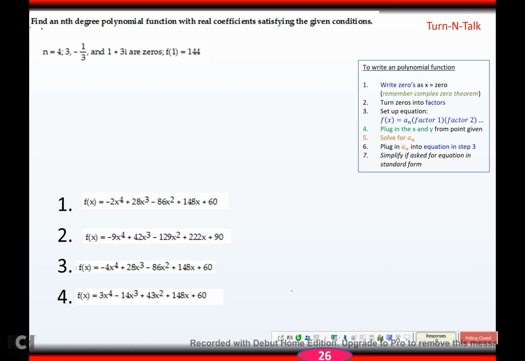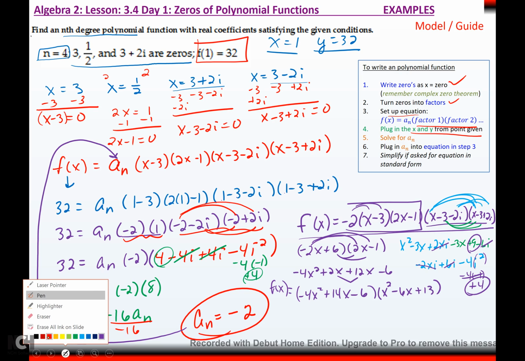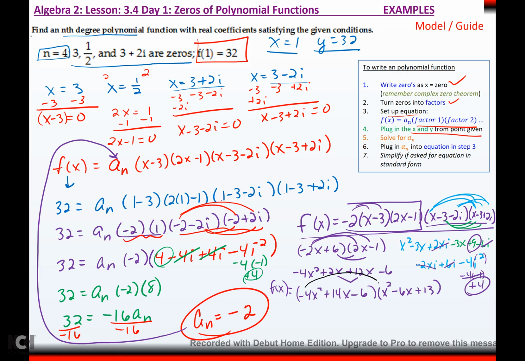And now if we multiply those together, I have negative 4x squared times x squared is negative 4x to the fourth. Negative 4x squared times negative 6x is positive 24x cubed.